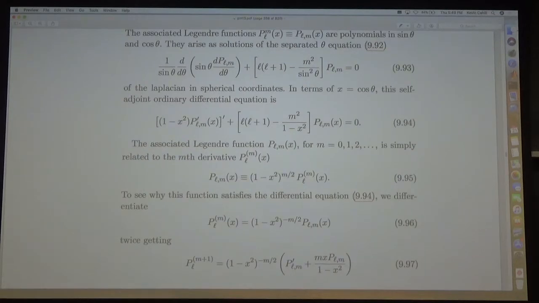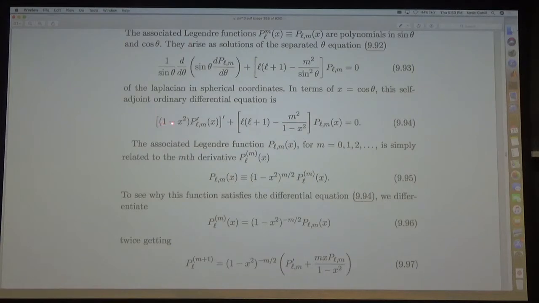And so these are solutions of the separated theta equation, which is that equation 9.3. Here, I guess I can see if I can do this without advancing the text. And if we set x equal to cosine theta, then the self-adjoint form of this equation is this.